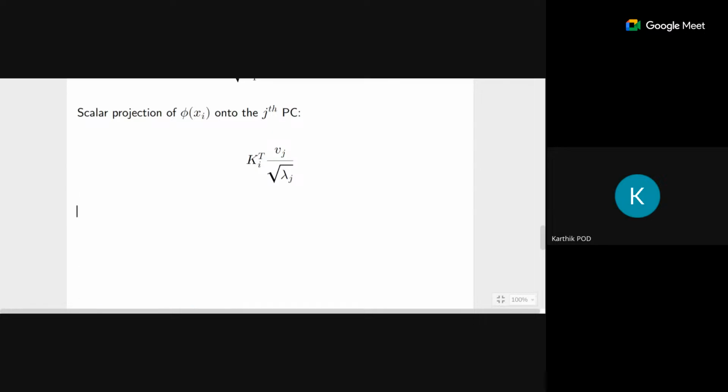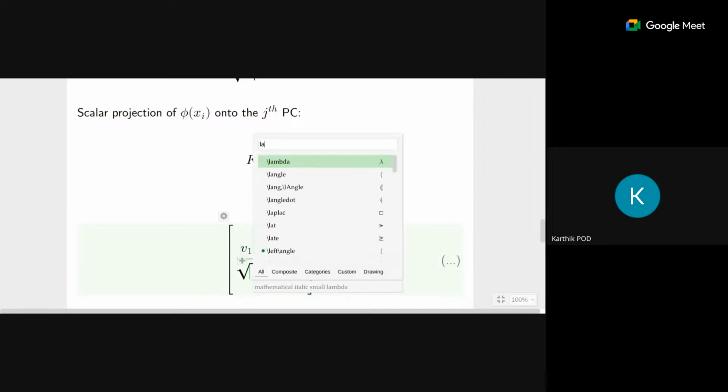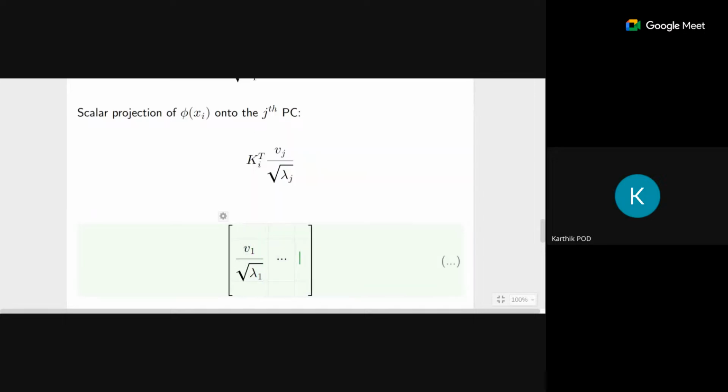Now, all that remains is putting these things together. Okay. I'm going to make a big jump now, so bear with me. I'm going to add all these eigenvectors, v1 by root lambda 1, and so on till vr by root lambda r.